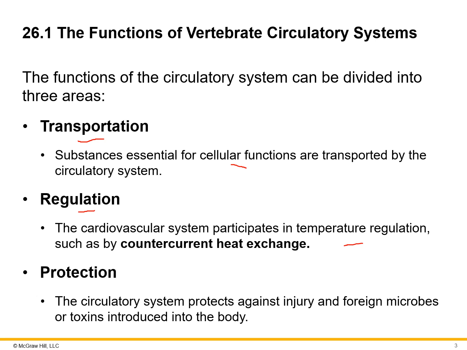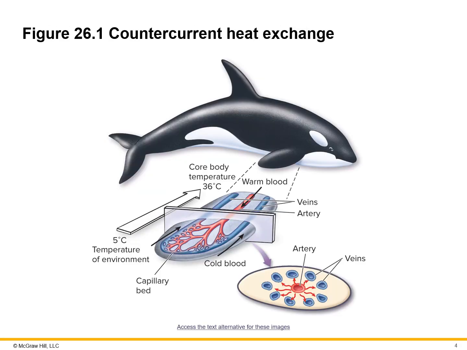So again, our blood flow, we get flushed, or we can, whenever we're hot, that's the blood going to the skin to release heat, but not so much whenever we're cold, when we're keeping that heat close to the internal parts of our body. And the cardiovascular system is also involved in protection against injury, but mainly that lymphatic system we'll talk more about, from foreign invaders or toxins that can be introduced.